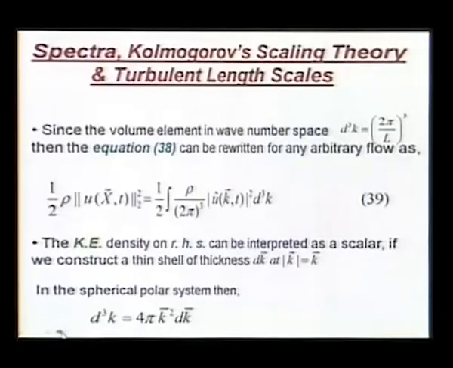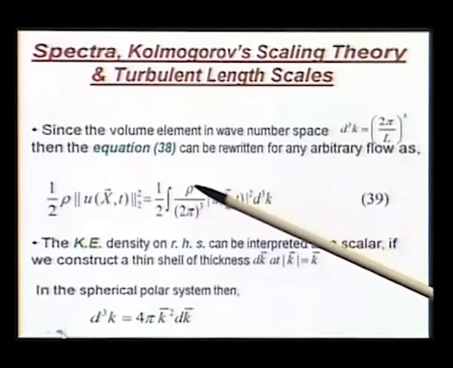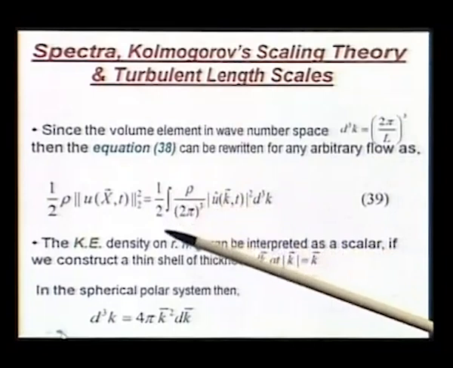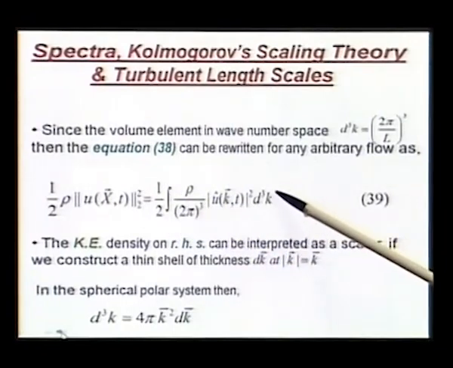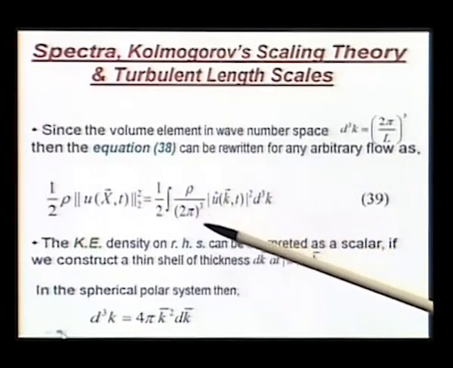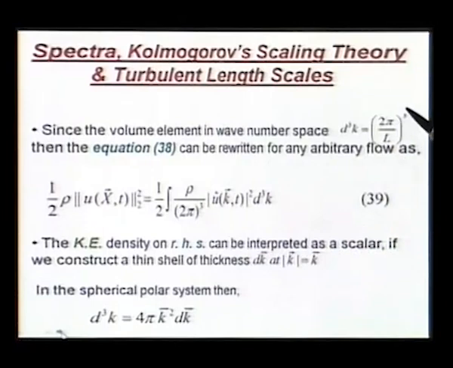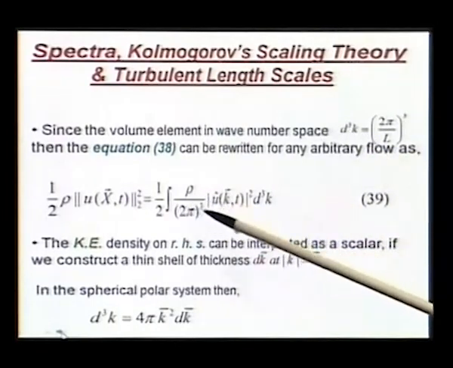Those were 2 pi by L. So, in each direction I have 2 pi by L as the interval. So, d cube k is nothing but 2 pi by L cubed. Then for arbitrary flow I can write Parseval's equality in this form. Now you can see we have replaced that summation by an integral, and we have written L cube as 2 pi whole cube by d cube k. Okay.